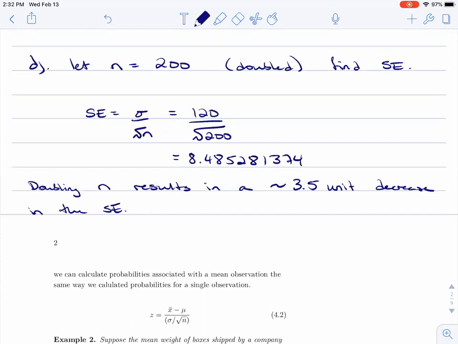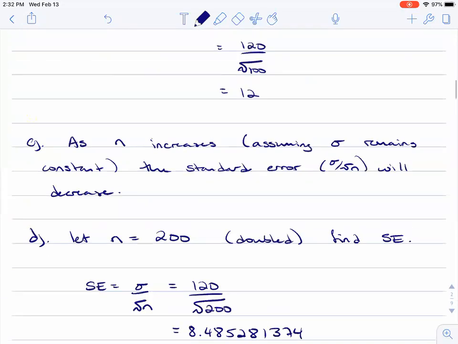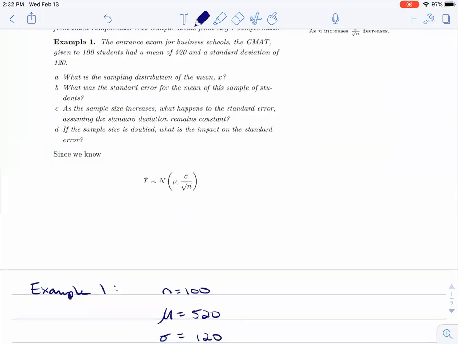I know. I get so sloppy on this thing. Don't worry, I'm sloppy in real life too. Any other questions? Decrease in the standard error. Okay.